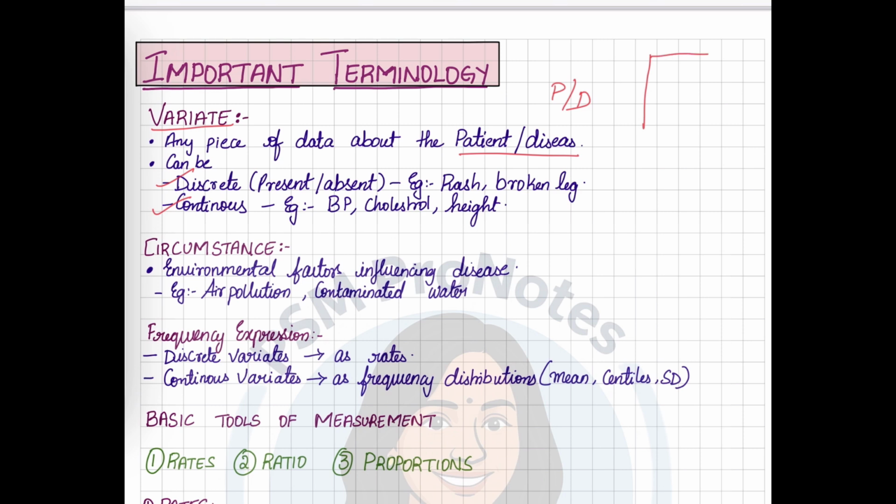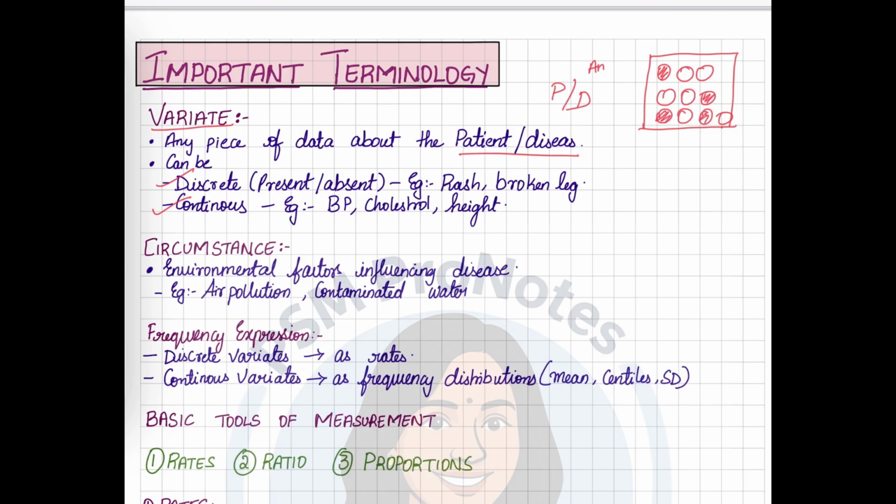Let's see. We are going to an area where there are 10 houses, and we want to know how many houses are affected with people with anemia. So we have conducted a survey.